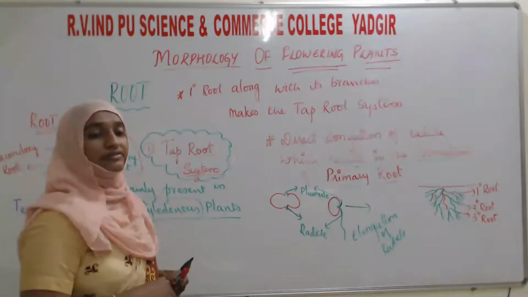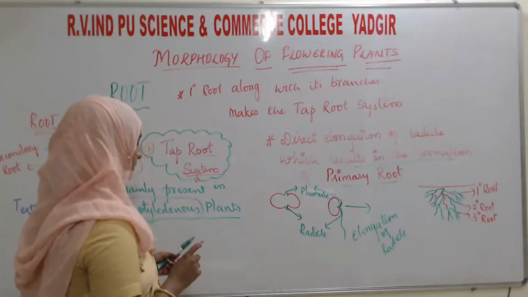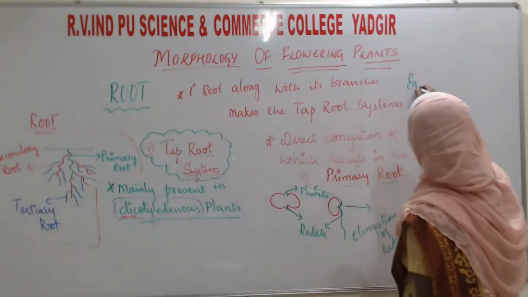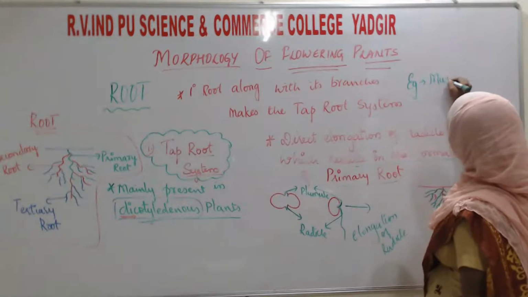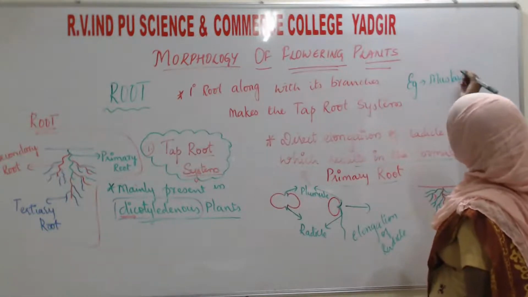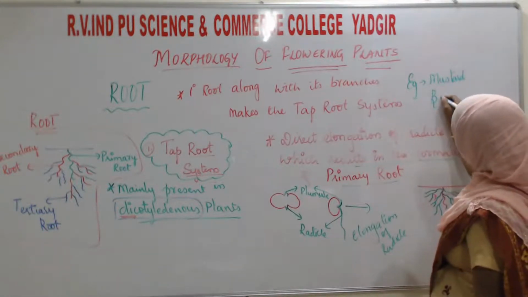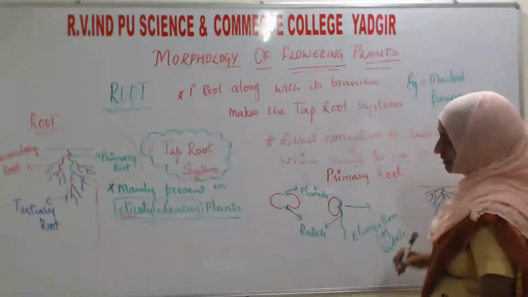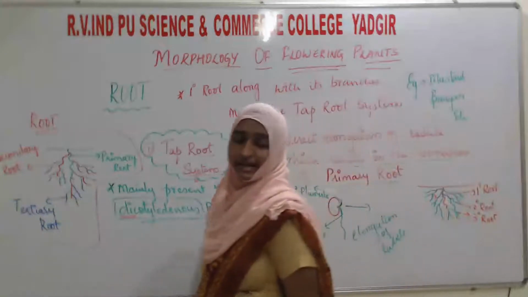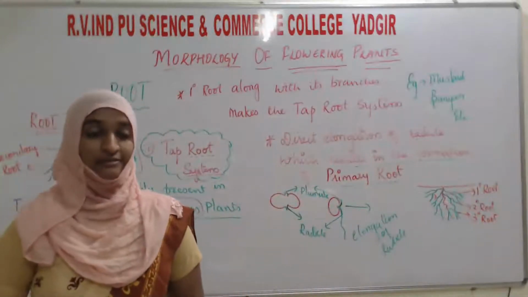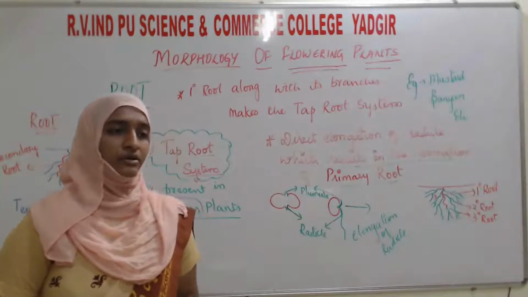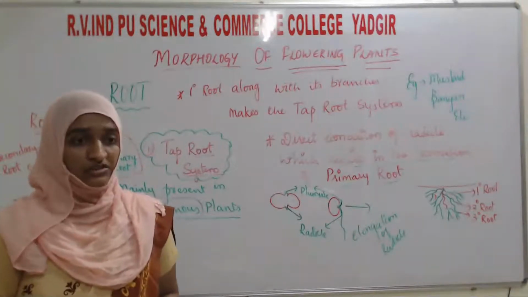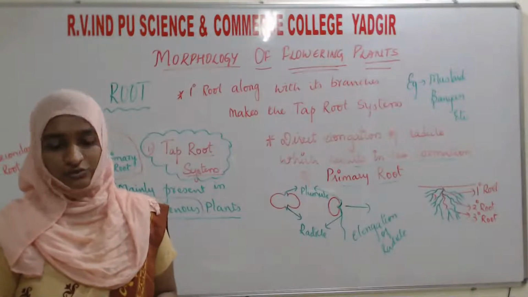What are the examples of the taproot system? We can take some examples such as mustard, banyan, etc. These are the examples of the taproot system. Next we will go for the second type of root system, that is the fibrous root system.